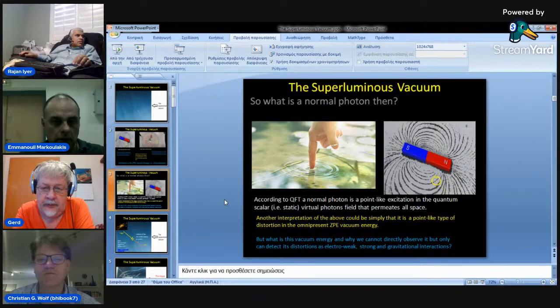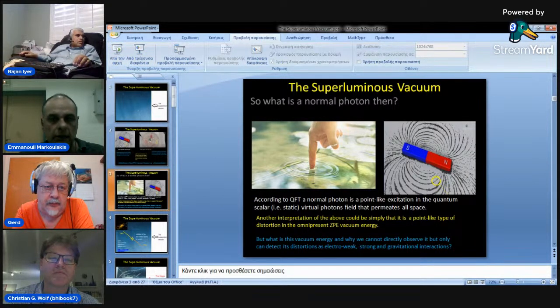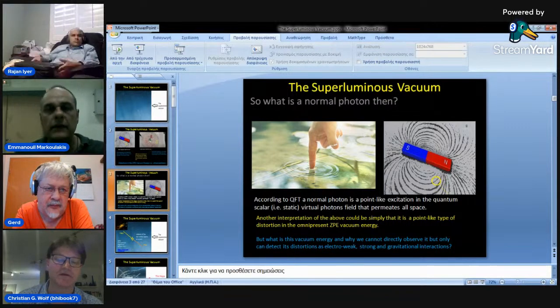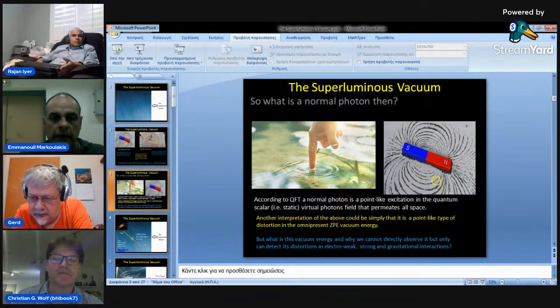You can see now, but we don't have the whole screen filled with the slide, but this works. Can you see now this blue screen? It says above the superluminous vacuum, and yes, we can see that. You see the finger in the water next to the magnet, but we also see your menus in Greek. That's not a problem. I believe there is a hysteresis because I'm not on this screen now. I'm on the screen where it has a blue frame, like a glass, and there's a white frame.